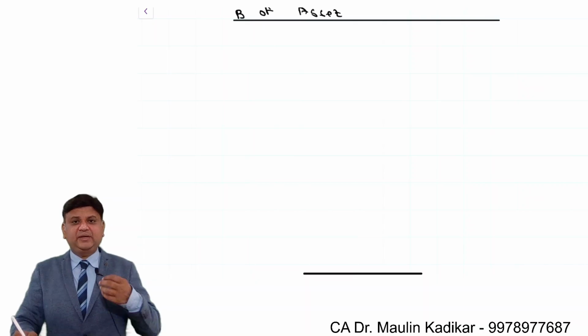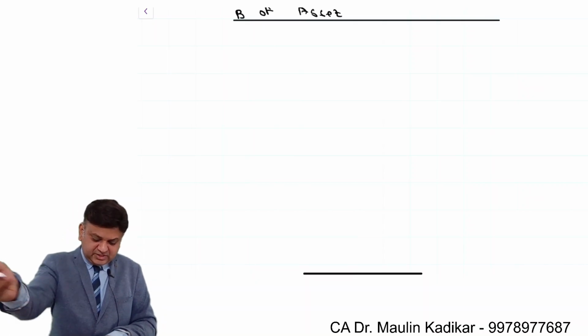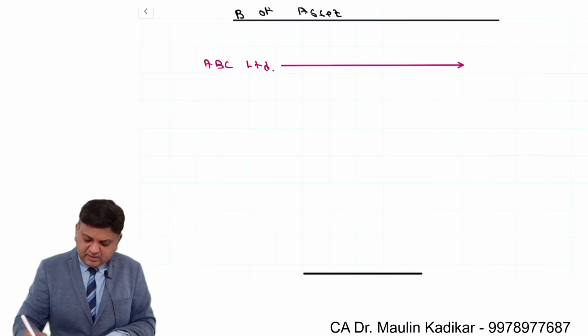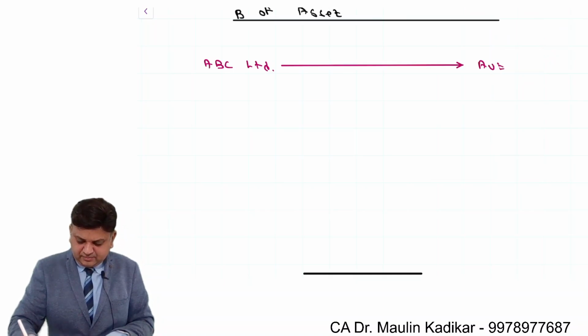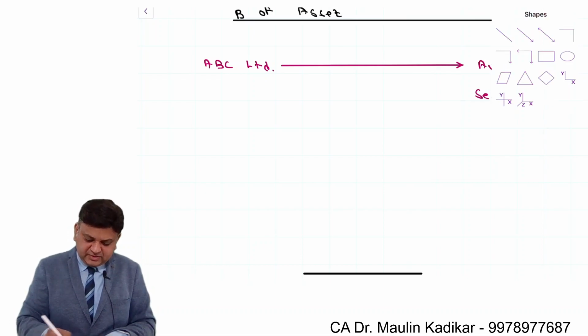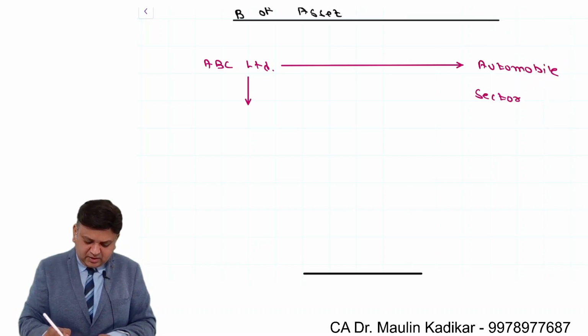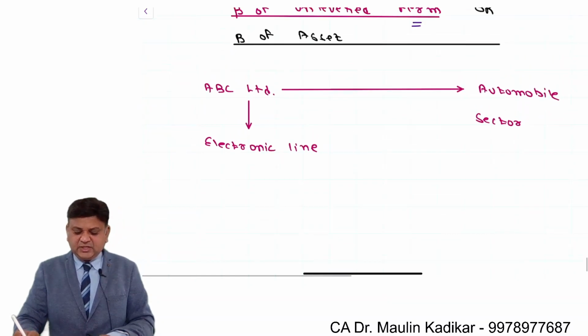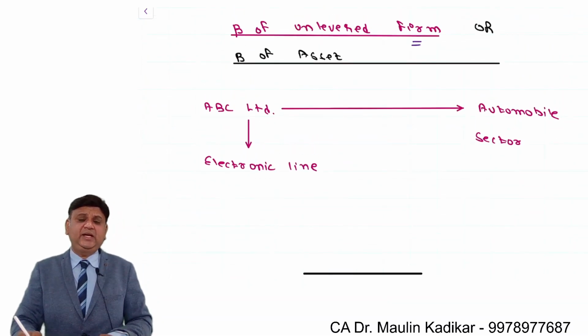I am giving you an example like this. Suppose there is a company called ABC Limited, and it is going to undertake an investment in, let us say, the automobile sector. Right now ABC Limited is doing business in, let us say, the electronic line, and it is going to undertake a project in the automobile sector.